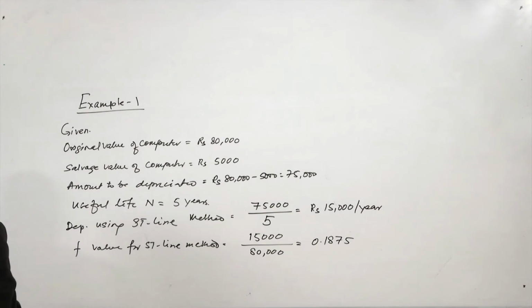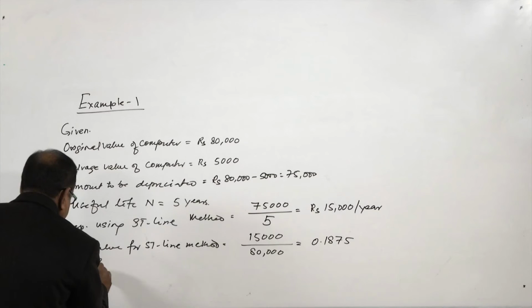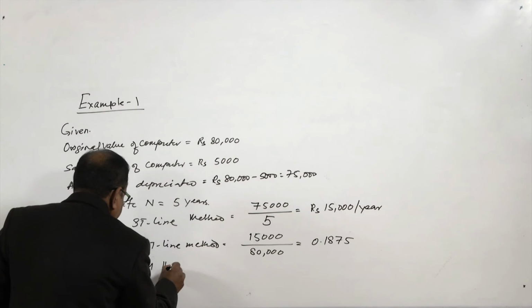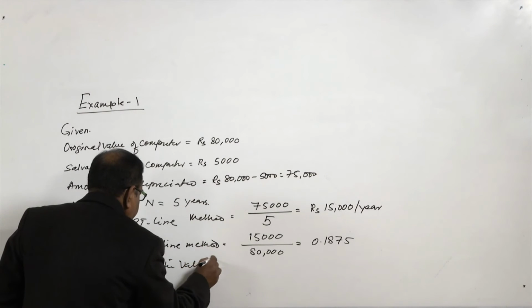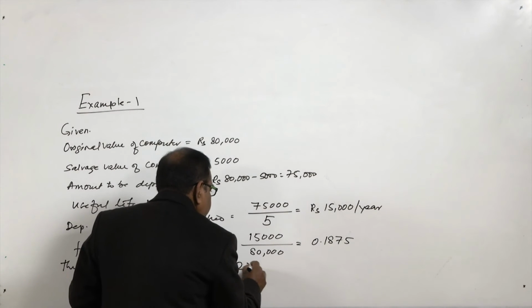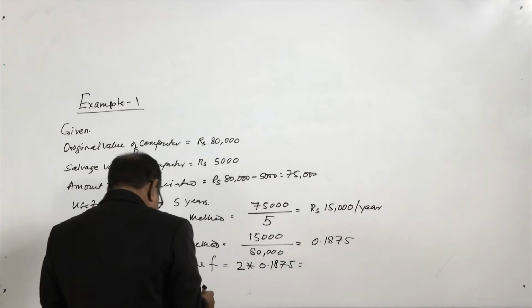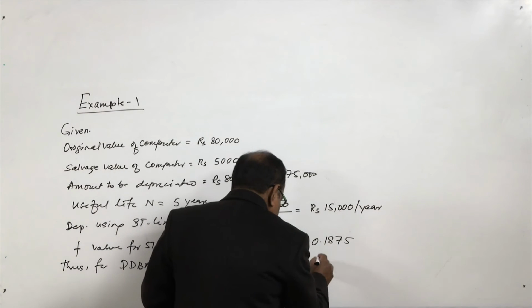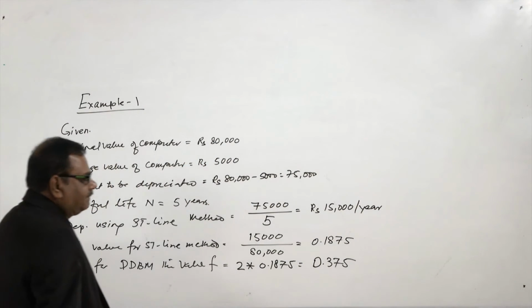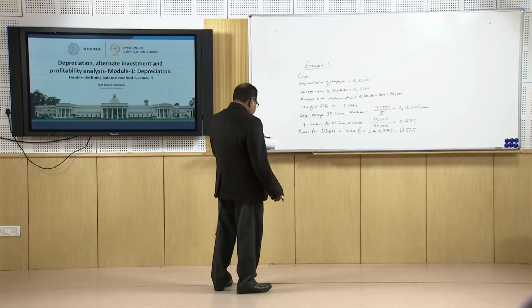Now, thus for double declining method, thus for DDBM, the value of F will be equal to 2 into 0.1875, which comes out to be 0.375. That is 37.5%.